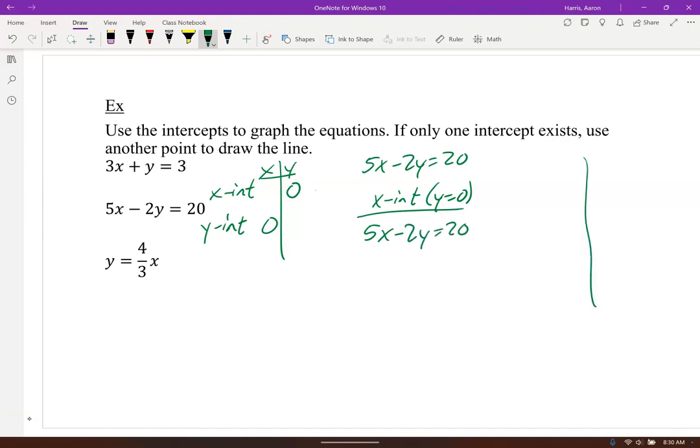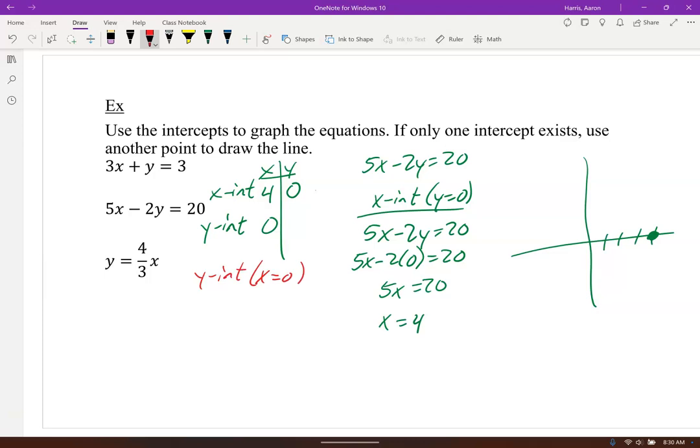5x minus 2y equals 20. We're letting y be 0, so we got 5x minus 0 equals 20. Divide by 5, we got 4. So 1, 2, 3, 4, comma 0. There's our x-intercept. Now let's find our y-intercept by letting x be 0.